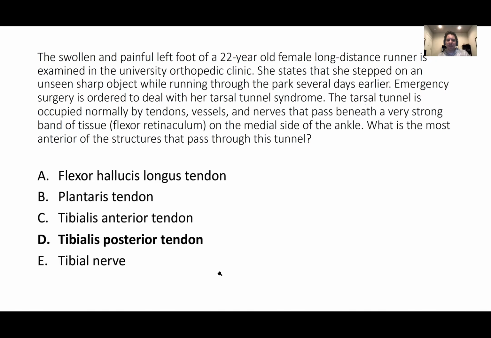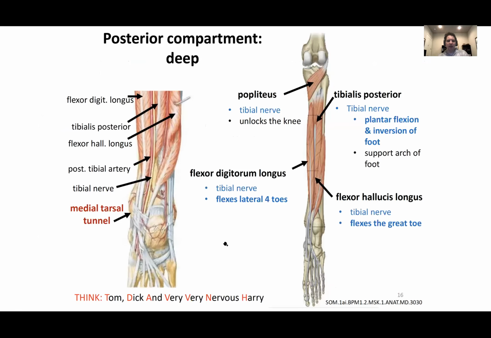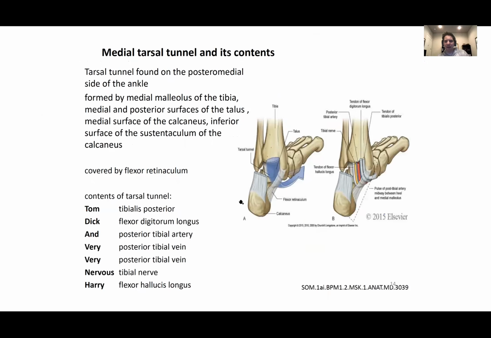So the key thing here is the tibialis posterior tendon goes through it, and this is where you want to remember this: Tom is tibialis posterior, Dick, and very, very nervous Harry. You can see this here, and that's how they run through the tunnel. I think I have a better picture here. So you can see them here.